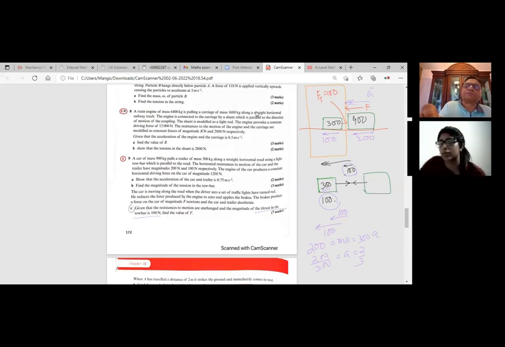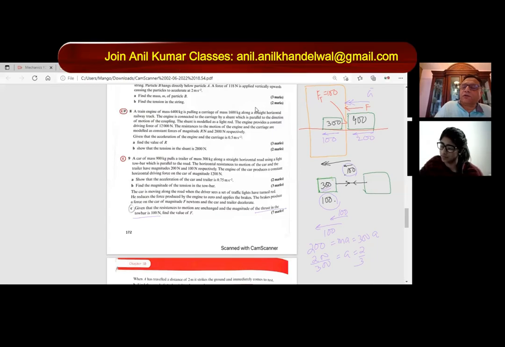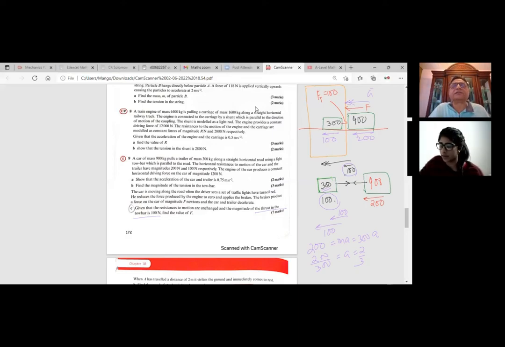Right. So now looking into the car itself, we have a resistance of 200 here. And on this, the body is still moving forward, but with lower speed because it is deceleration.